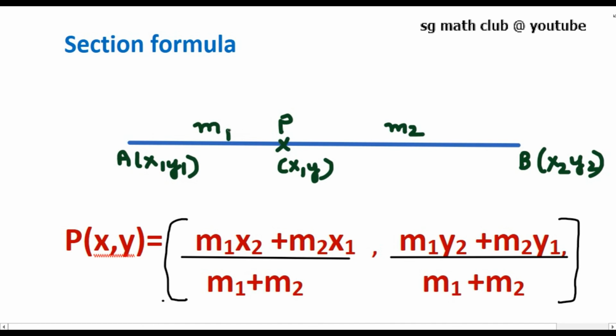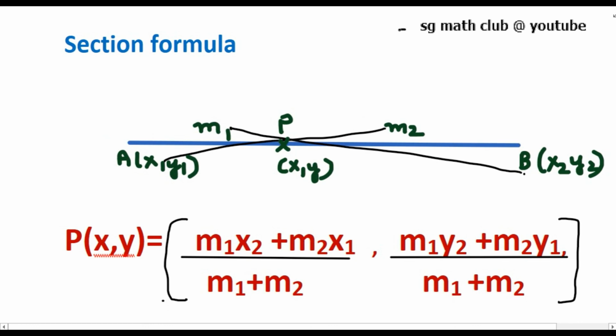You can remember it like that: m1 x2 plus m2 x1 divided by m1 plus m2. In the same way, m1 y2 plus m2 y1 divided by m1 plus m2.